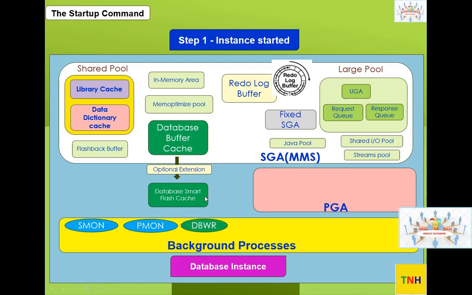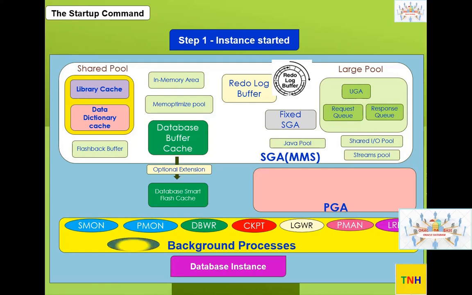And you are going to have the DB writer background process, database writer, the checkpoint background process, the log writer background process, the process manager background process, and the listener registration background process. Likewise we have MMNL, memory manager, and the recovery background process. So don't worry, these are compulsory actually. In 19c, you are going to have these up and running as soon as the instance is up.